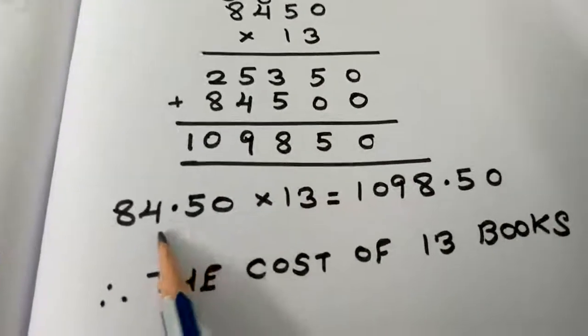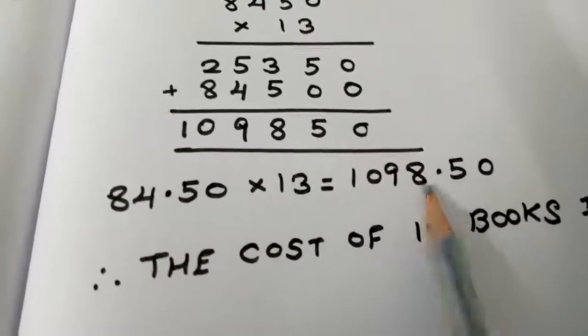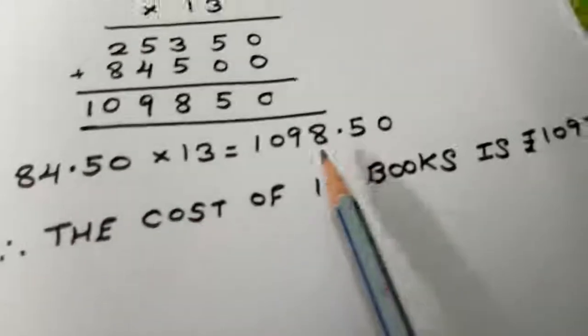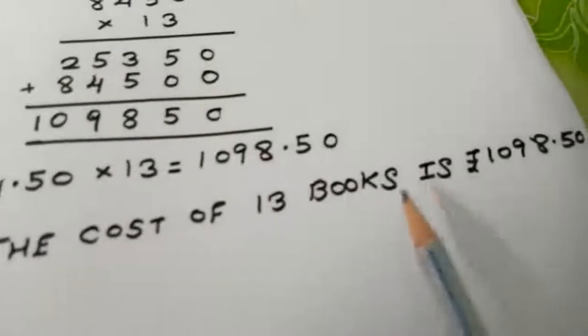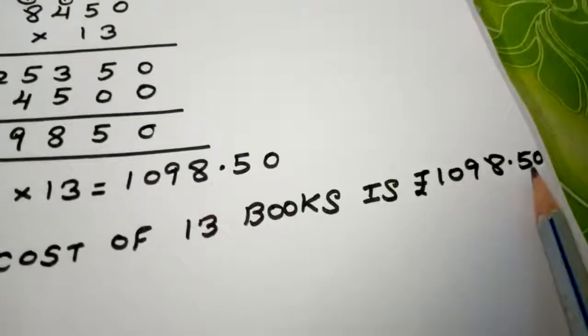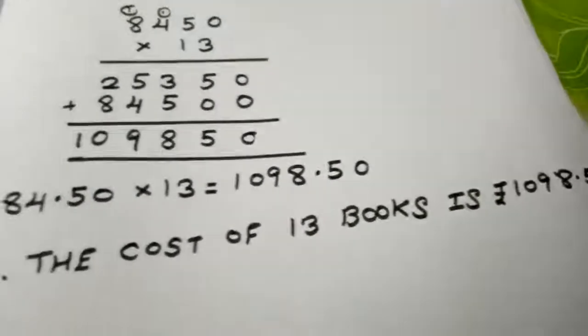Afterwards, I am going to multiply like this, 84.50 into 13, write this value. After the decimal point, if you check, you are going to have 2 digits. So the cost of 13 books is rupees 1098.50. So this is the answer.